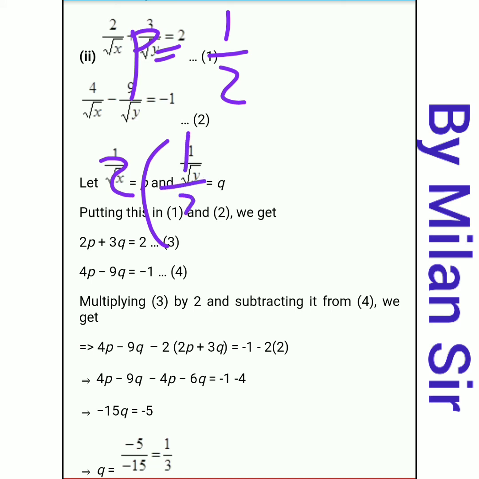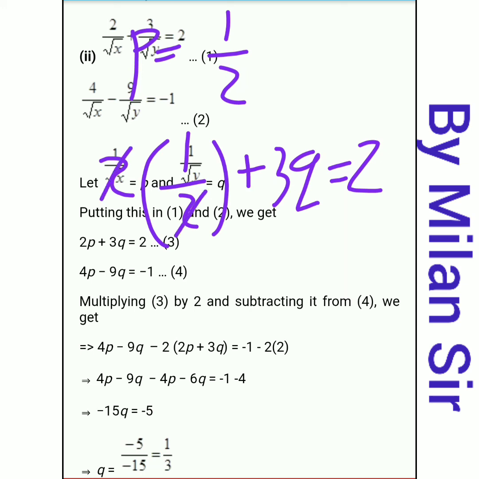So in place of p, put 1 by 2. Then plus 3q is equal to 2 as it is. I put p is equal to 1 by 2. Then this 2 cancels. So here 1 plus 3q is equal to 2.